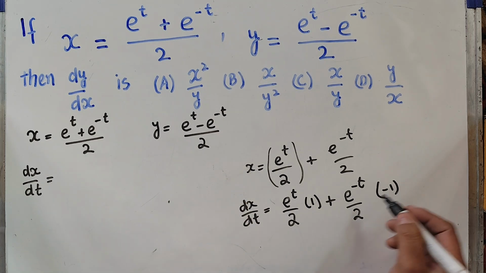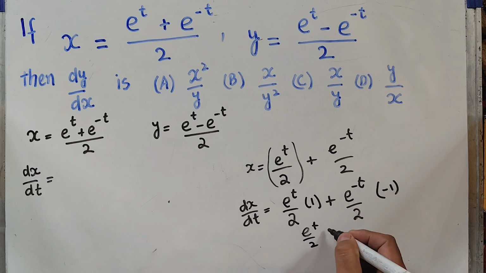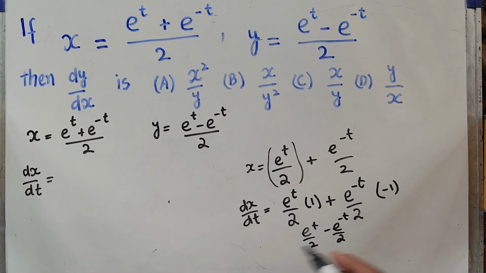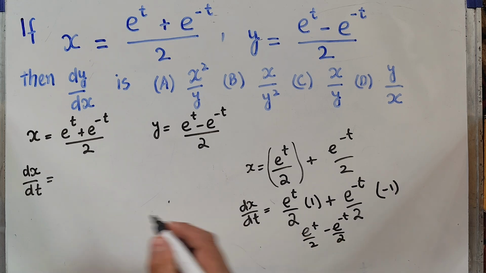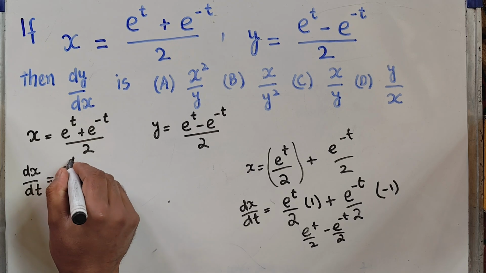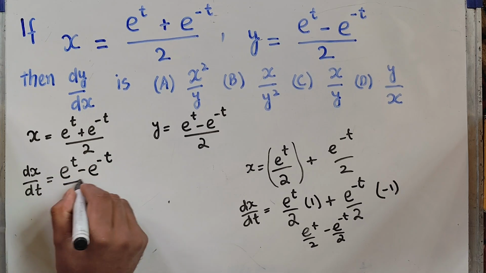Here you can see we will get e^t/2 minus e^(-t)/2. Since the denominator is the same, we can subtract the numerators. So dx/dt we will get (e^t - e^(-t))/2.